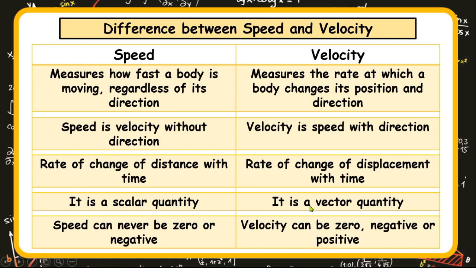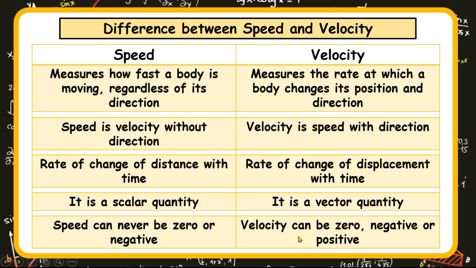So there is a specified direction. And lastly, the speed of a body cannot be zero, neither can it be negative. But for velocity, it can be zero, it can be negative, and it can be positive. What this means is distance cannot be negative once you're expressing it over time.